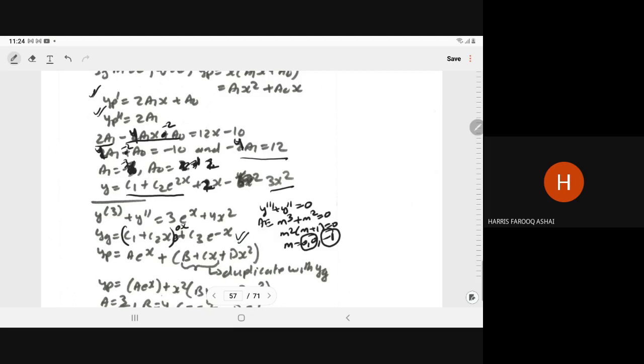Now if we have R(x) equal to 3 e to power x plus 4x square, so due to the e to power x we take e to power x, and due to the x square we take b plus cx plus dx square.